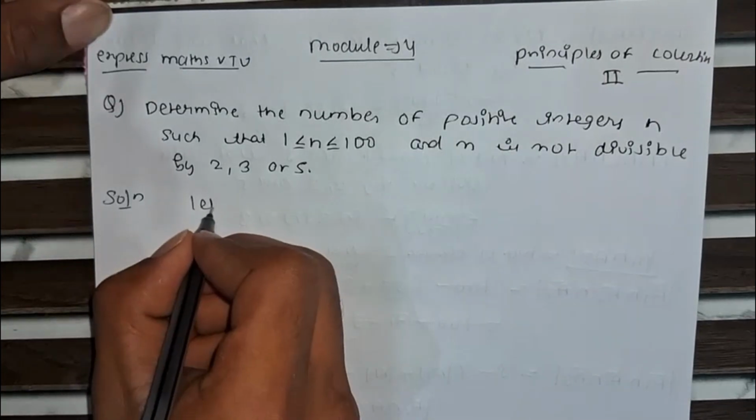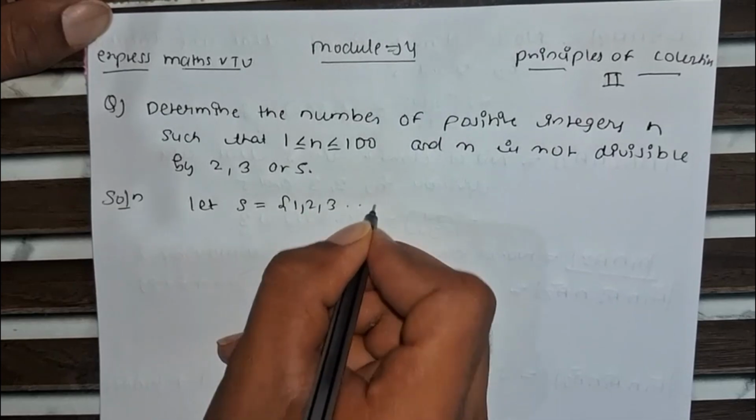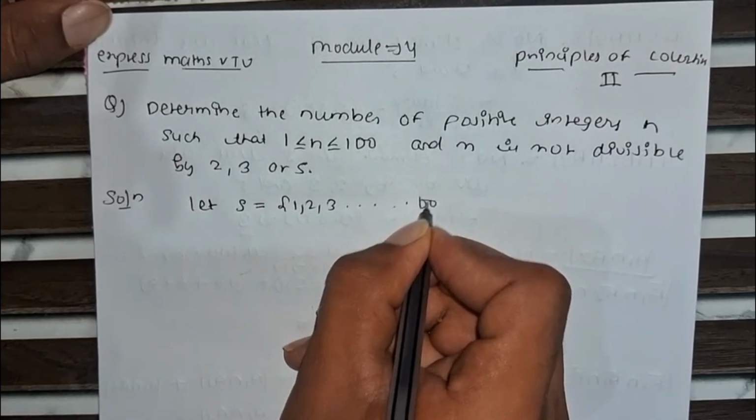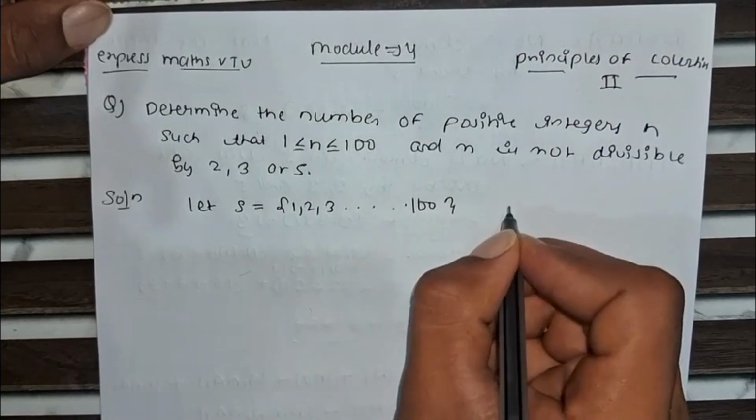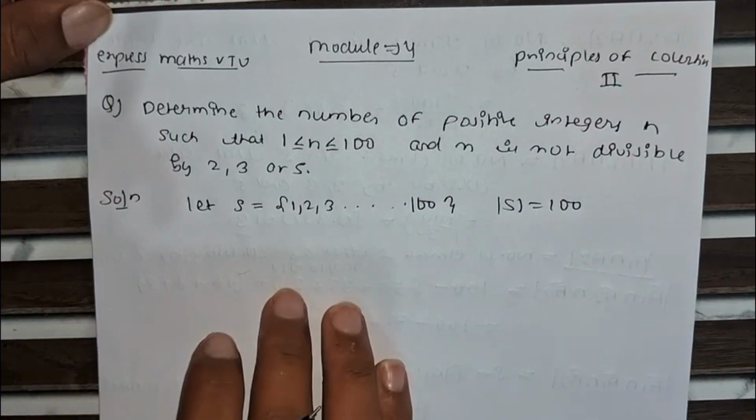So let S equal 1, 2, 3 up to 100. What is the value of mod S? It equals 100, because 100 positive integers are there in this set.